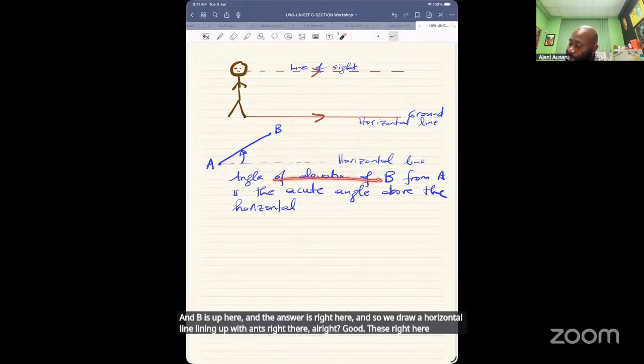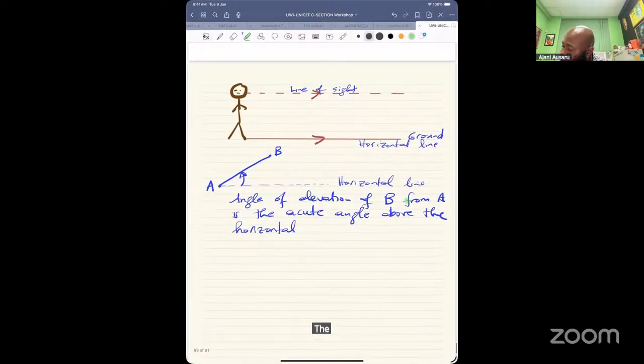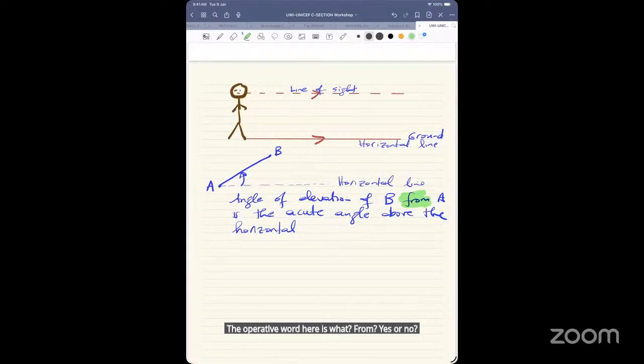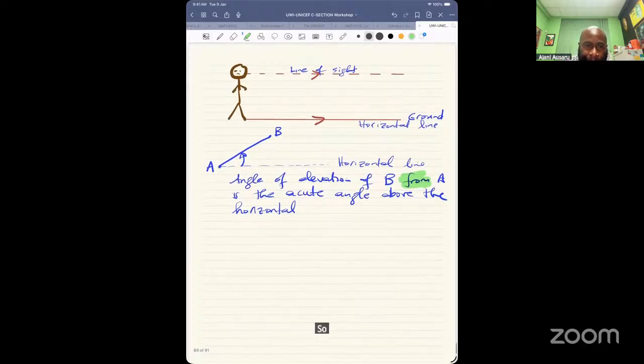So the angle of elevation of B from A, the operative word right here, just like for bearings, is what? From. Yes or no? Yes, sir. Because B from A and A from B are two different things, correct? So the word from is very, very important once again.